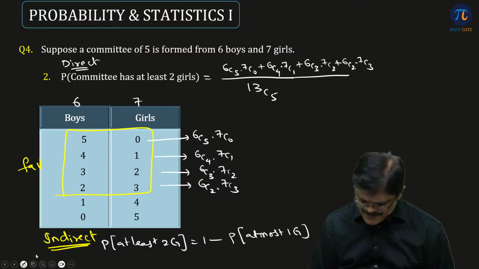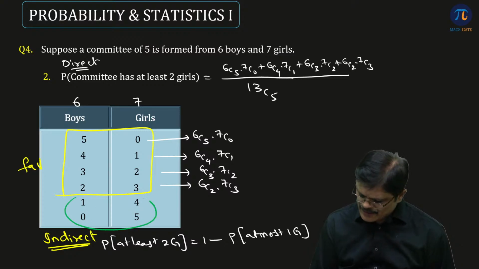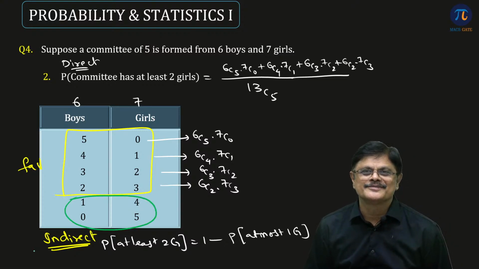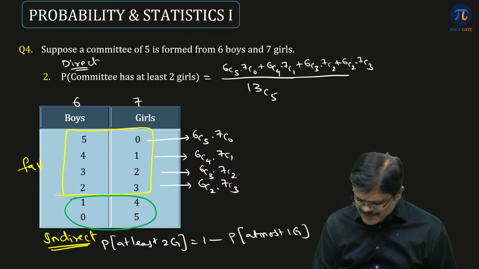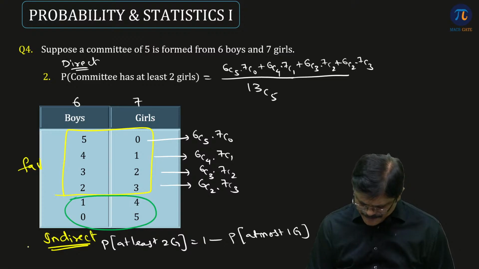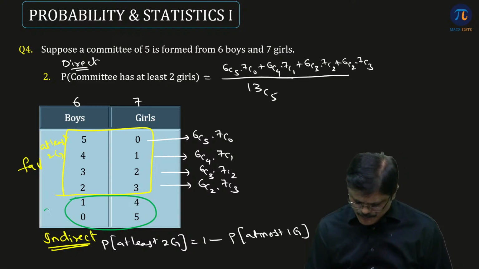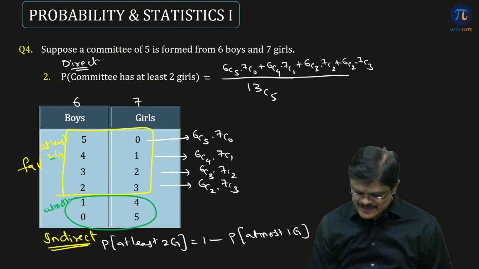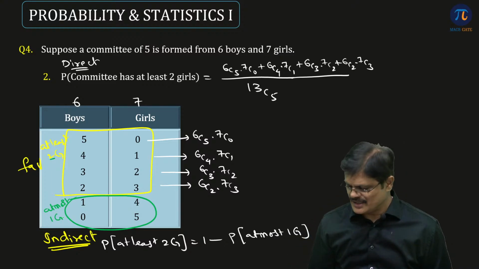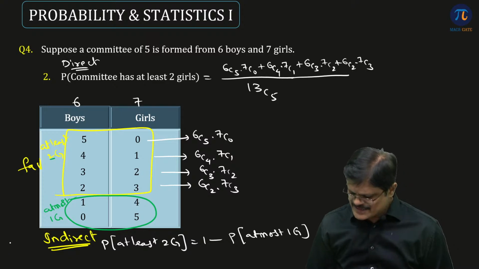From the total, if you remove these 2, you are going to get the remaining. So that is at most. See, this is at least 2 girls. And what about this? This is nothing but at most. Whenever it is at least 2, the opposite of this is at most 2 minus 1, that is 1 girl. At most 1 girl. And that is it.